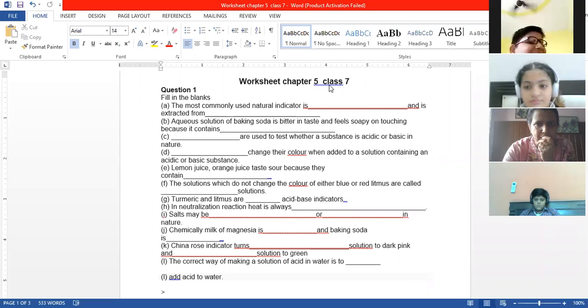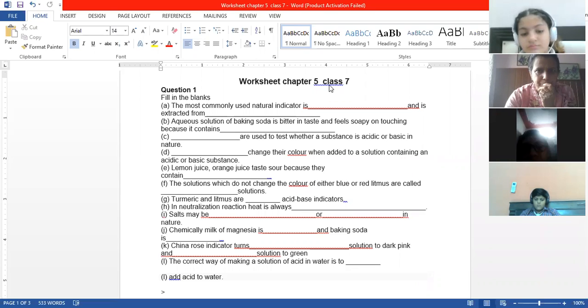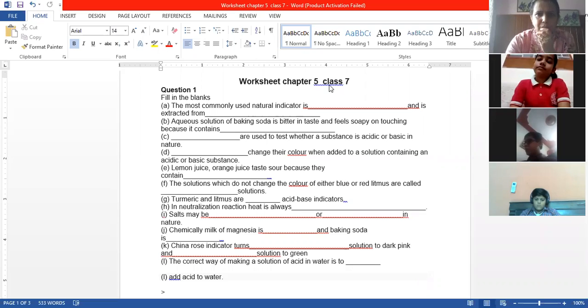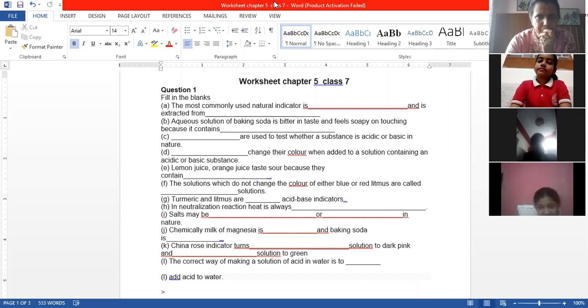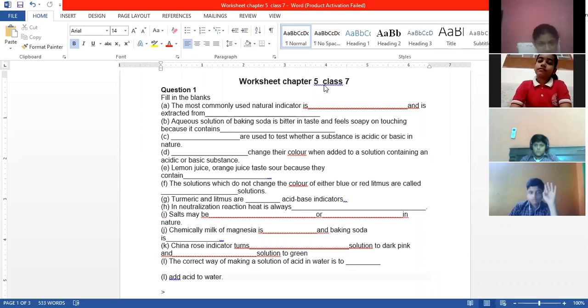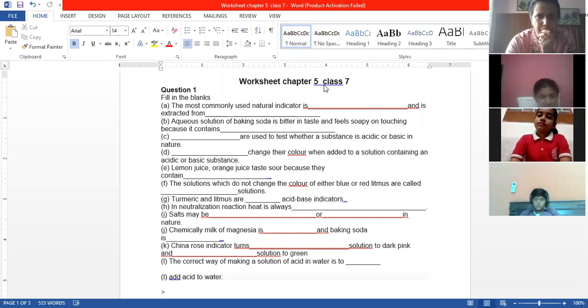The indicators are the substances used to test whether a substance is acidic or basic in nature. Next, D part: dash change their color when added to a solution containing an acid or a base. Vedika, you have raised your hand. Indicators. Good.